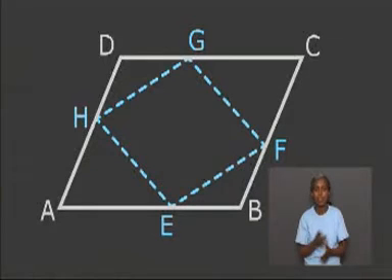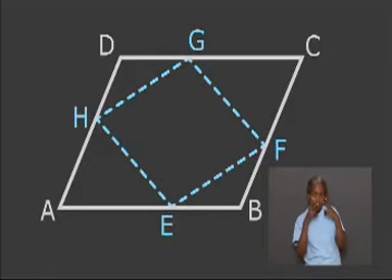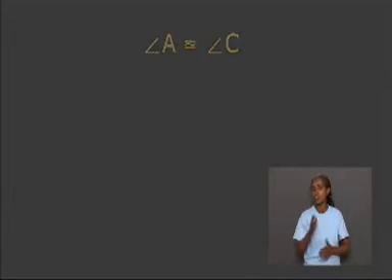If we call the parallelogram A, B, D, C, then E, F, G, and H are the midpoints of the four sides. Let us look at the two triangles C, G, F and A, E, H.